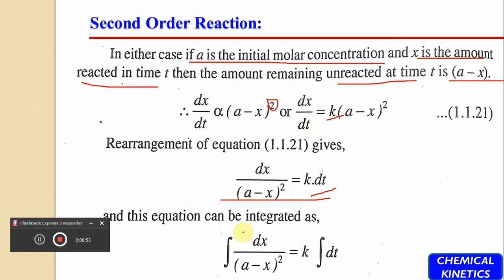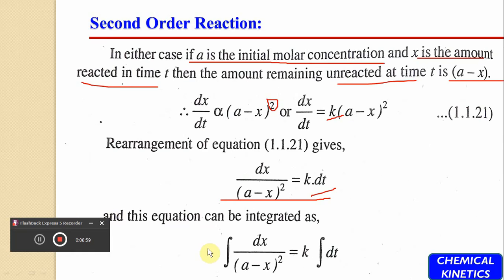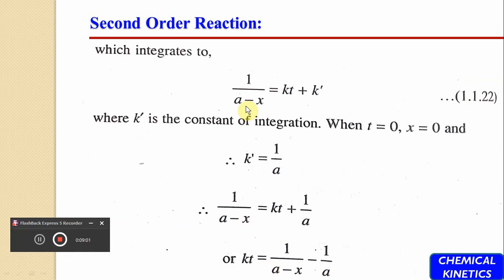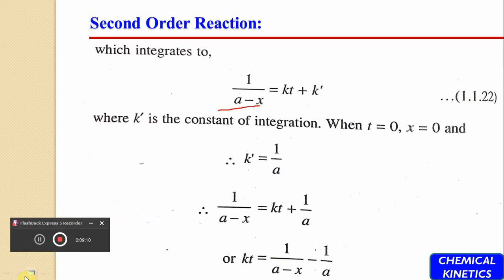The integration of dx upon (a minus x) squared is equal to k into the integration of dt. The integration of dx upon (a minus x) squared will be 1 upon a minus x, and the integration of dt will be t, therefore it equals k into t plus the constant of integration k prime.